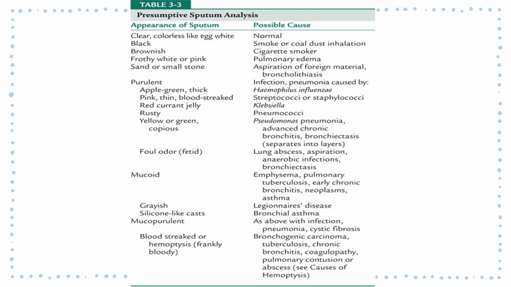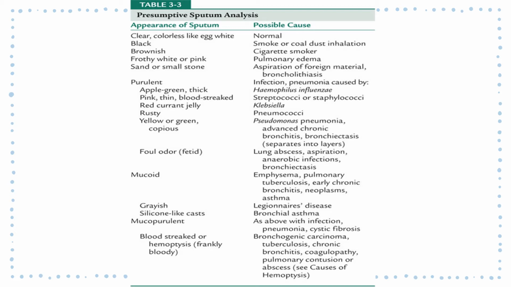That will actually be on a test, and it is Haemophilus influenzae. So try to be familiar. Your clear colorless, like an egg white, is pretty normal. Black would be smoke or coal. Brownish can sometimes be nicotine. The frothy pink is pulmonary edema.